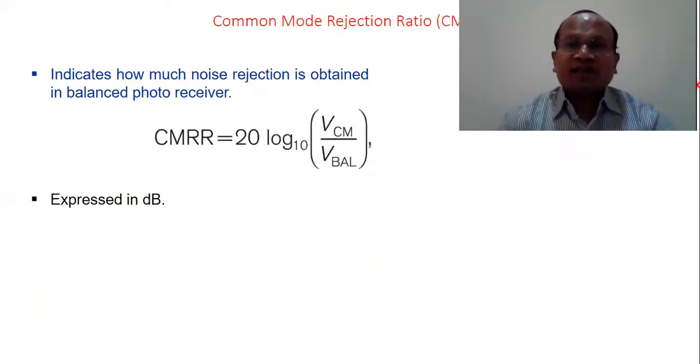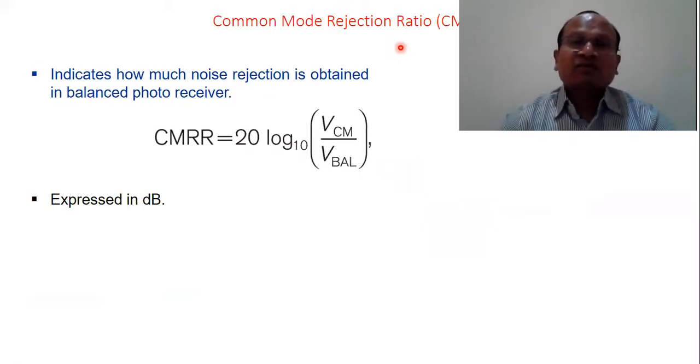All right, then the next one is CMRR, another popular term, which is called common mode rejection ratio. It is generally expressed in dB. Why is this expressed in dB?